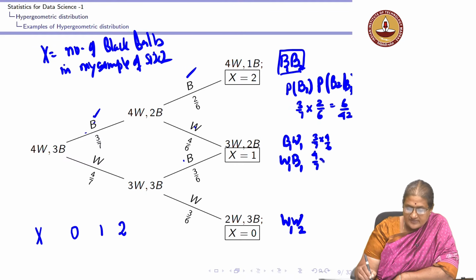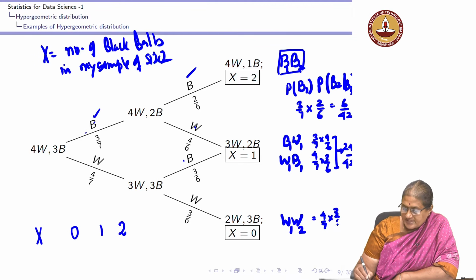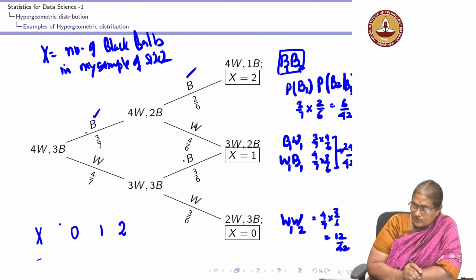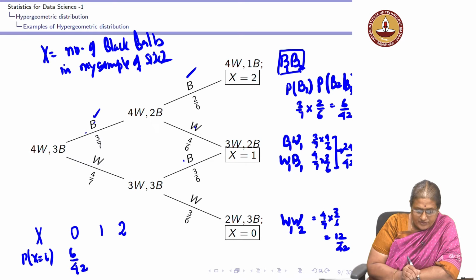This is 4 by 7 into 3 by 6. So, the chance of this happening is going to be 24 by 42, and this is going to be 4 by 7 into 3 by 6, which is 12 by 42. So, X equal to 0 is with probability 6 by 42. This is 24 by 42, this is 12 by 42.